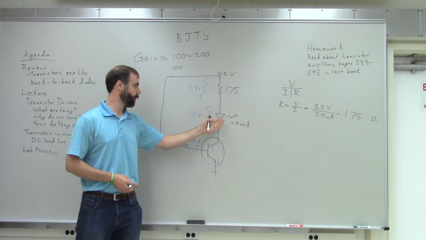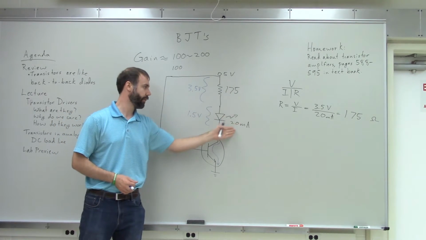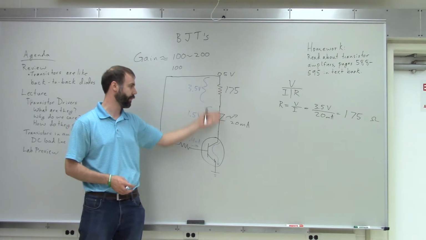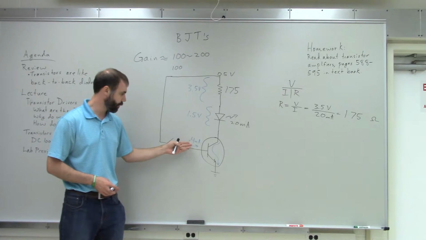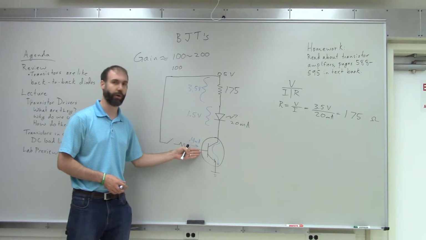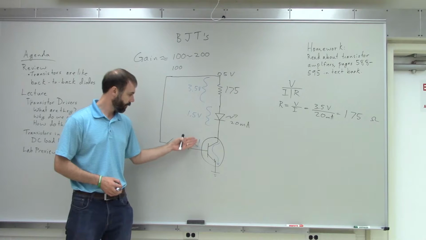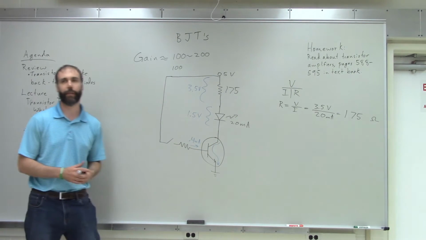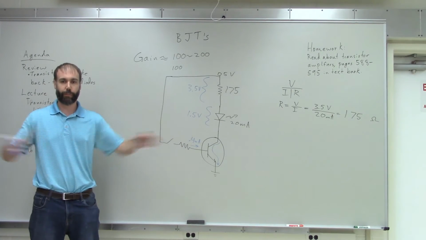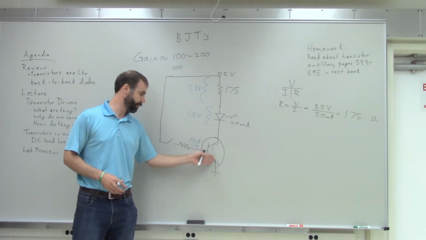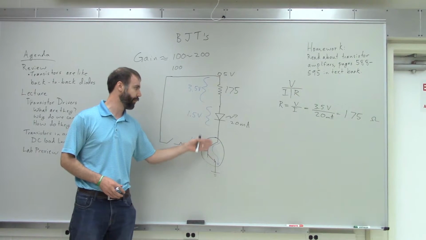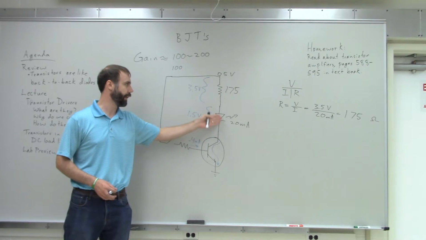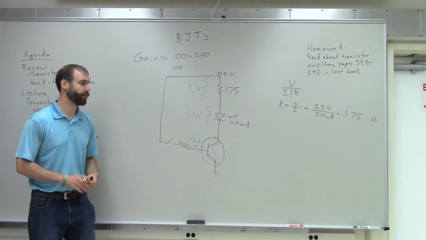So we're never going to have more than that. We're never going to hurt the LED by having too much current because the rest of the circuit is already set up. So we can just put a little extra current into our base, and then that'll open up our transistor extra wide, if you want to think about that. So it'll completely allow as much current as we possibly need to flow through there, and the rest of the circuit will take care of limiting the current to what we need.